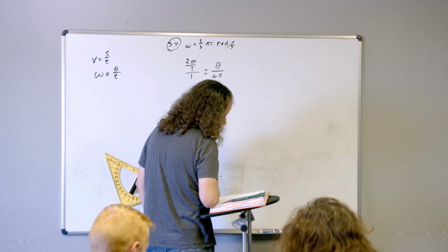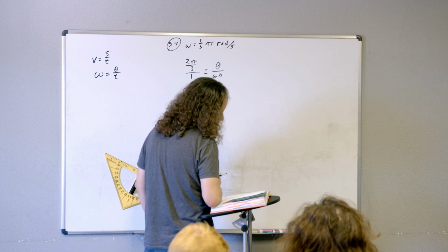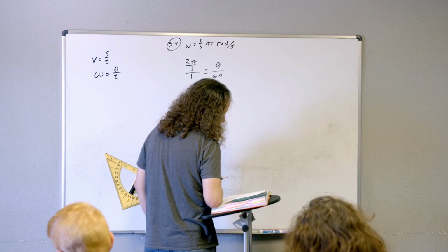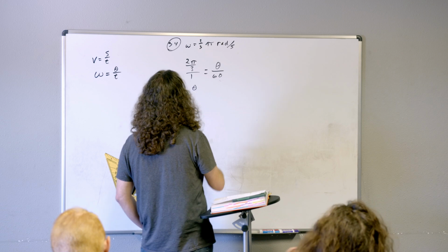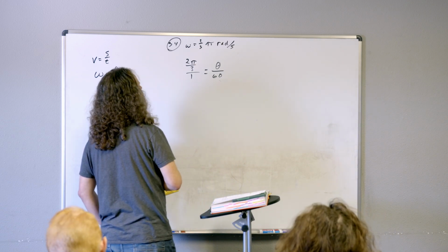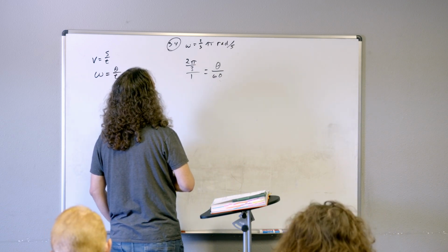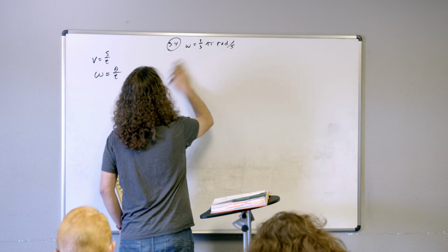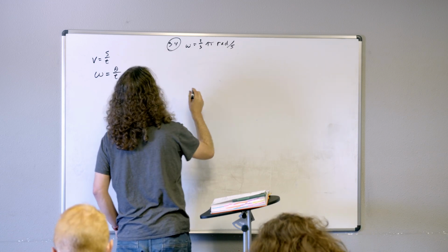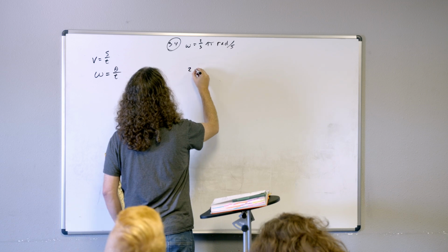Yeah. Is that revolutions? That's radians. We want it in revolutions. So, okay, hold on. 2 pi over 3 times 60.